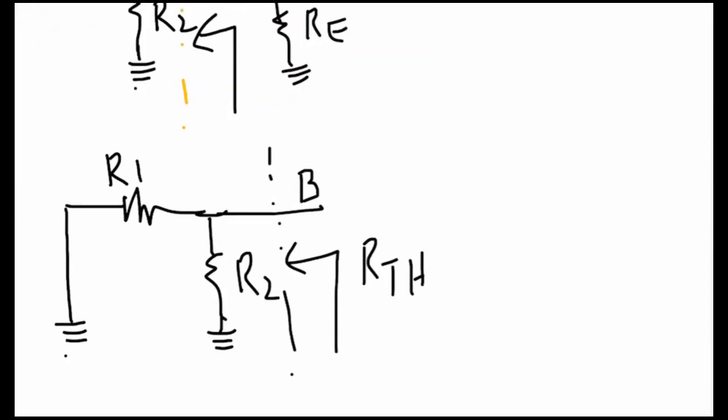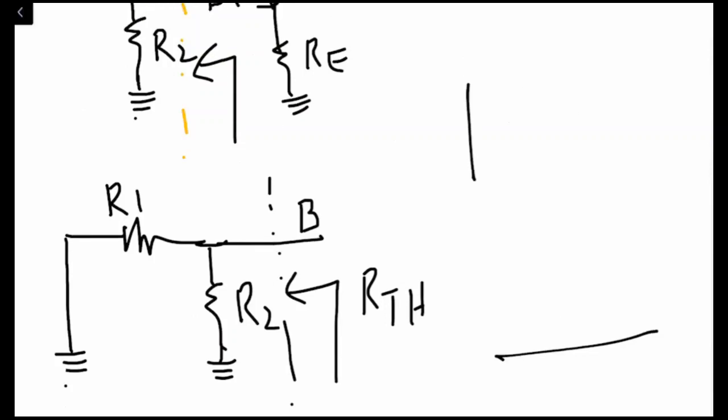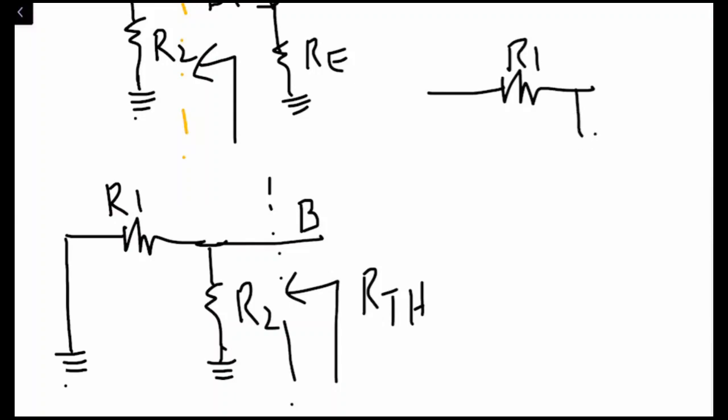And if I'm going to reinstall the voltage source, so it is going to be, this is R1, this is R2, and we have VCC, which is again going to be connected inside the circuit.